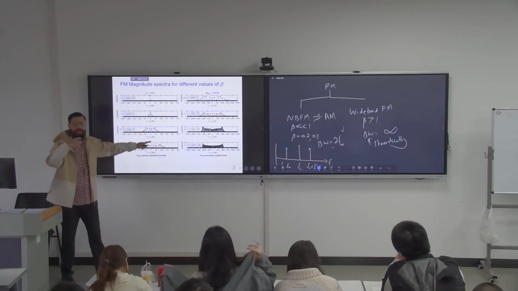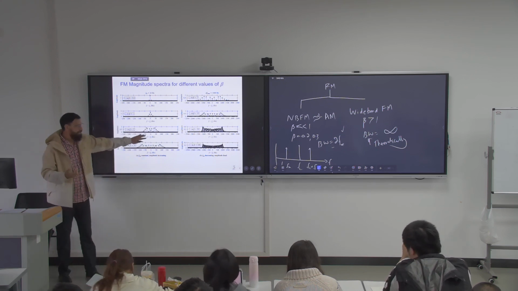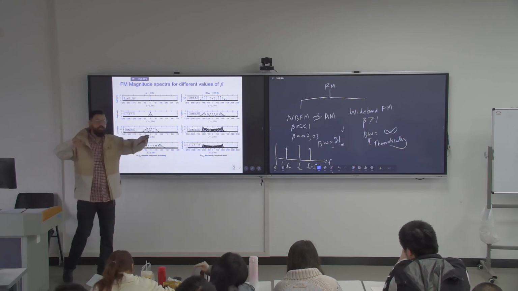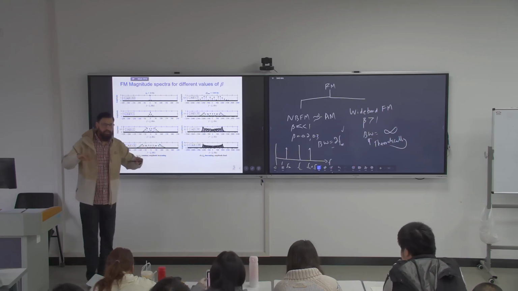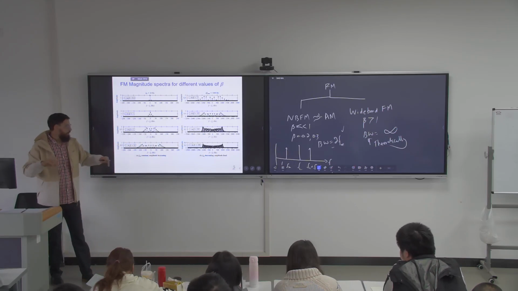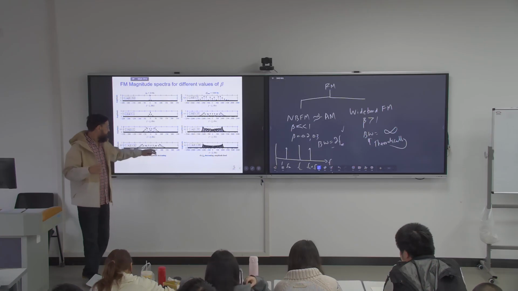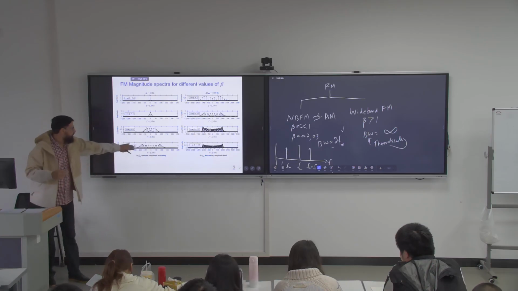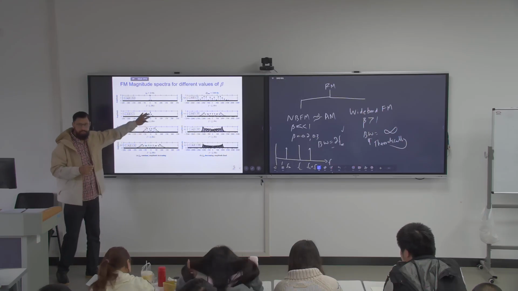When I increase beta further, more power is going towards the sidebands. If I increase beta to 50 or 10, more and more power is going towards the sidebands. So you see here, where we started, and then it is reducing, right?